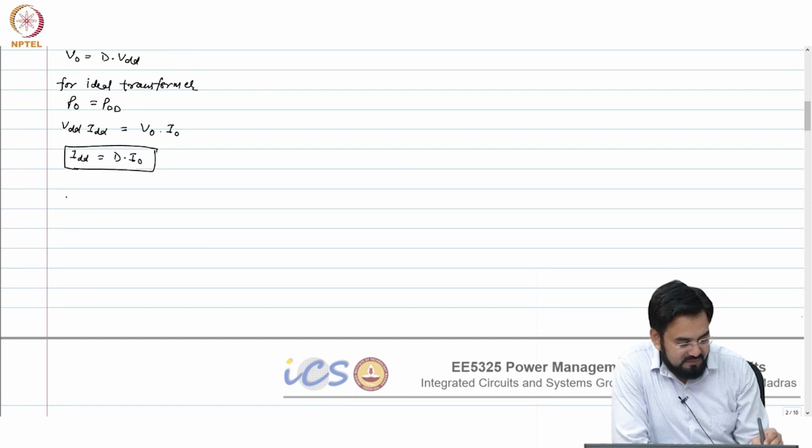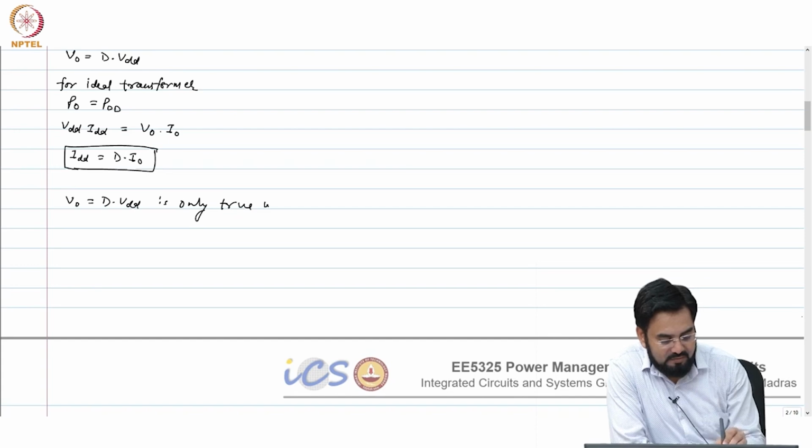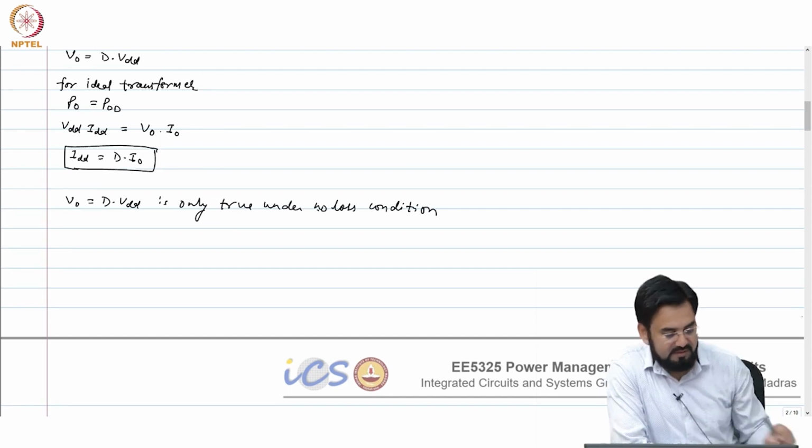So, this V out equal to D times VDD is only true under the no loss condition, which we already looked at.